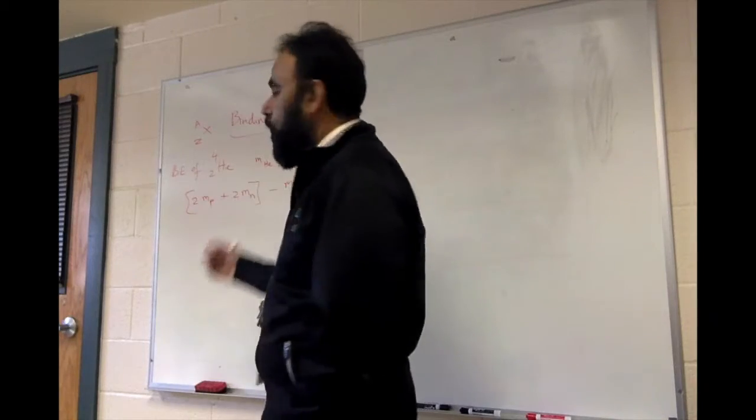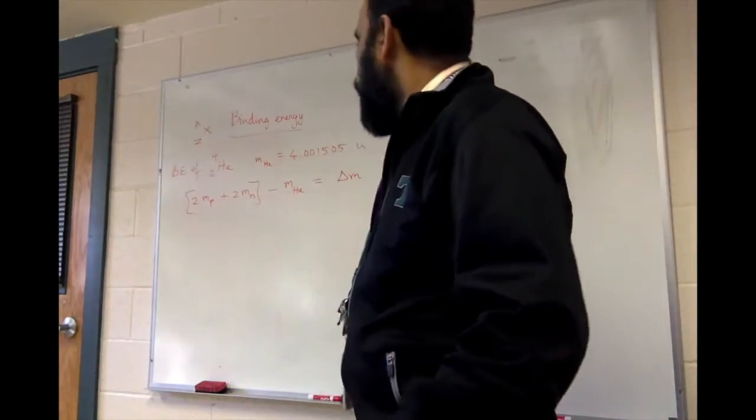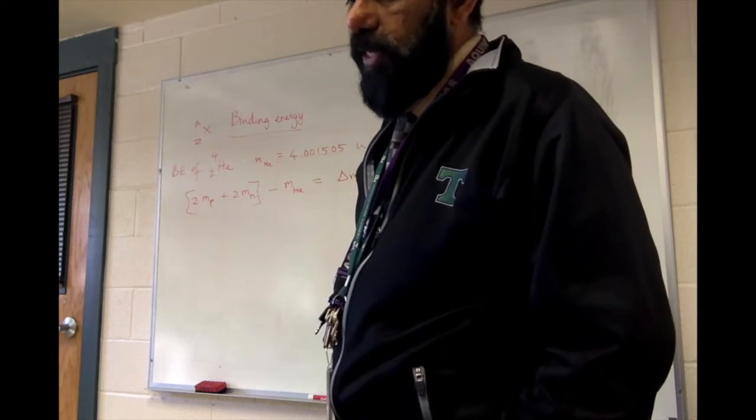You already have the mass of proton, 1.007276, and the mass of neutron is 1.008665.